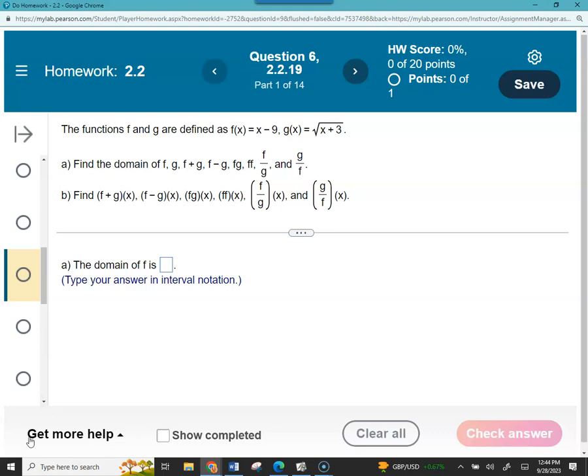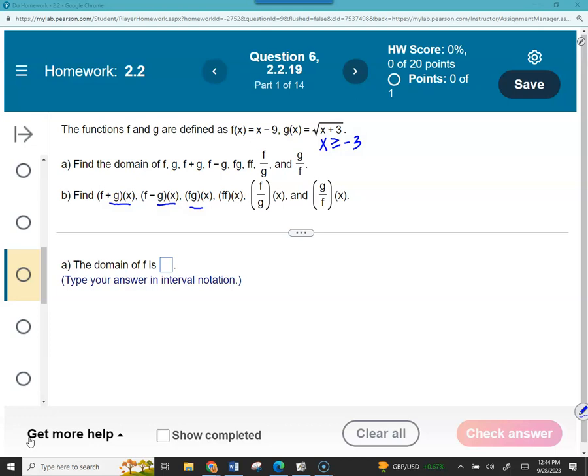We said, recall, the domain for fractions, denominator cannot be 0. Domain for even roots, you can't have a negative under an even root. So like this one right here, whenever g is in play, here and here, you would have to say x has to stay greater than or equal to -3.